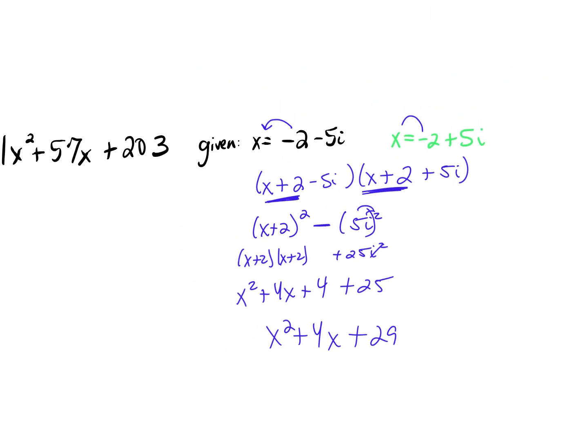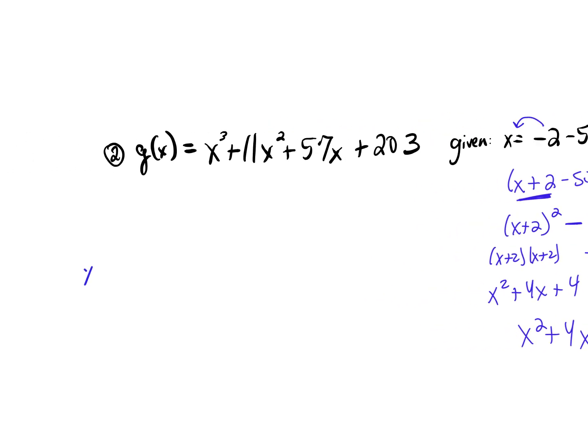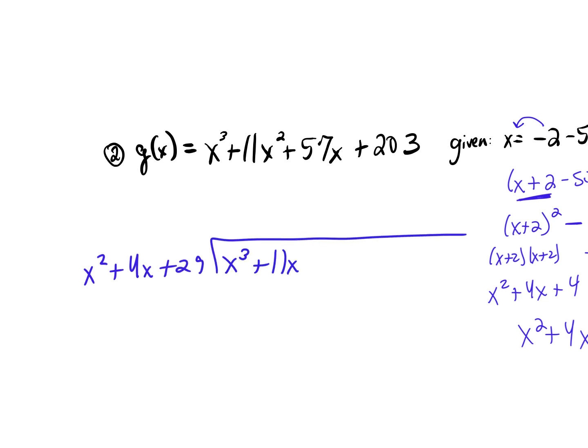Perfect. All right, that's the first step. So I already know 2 of the answers, so now I'm going to uncover the last one. How do I do that? Well, I take x squared plus 4x plus 29, and I divide it into x cubed plus 11x squared plus 57x plus 203.